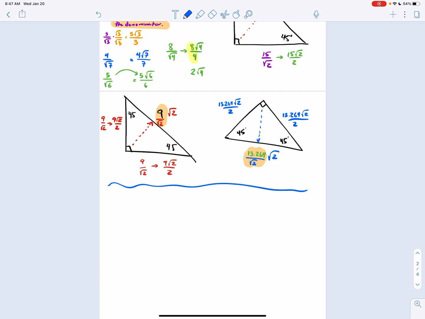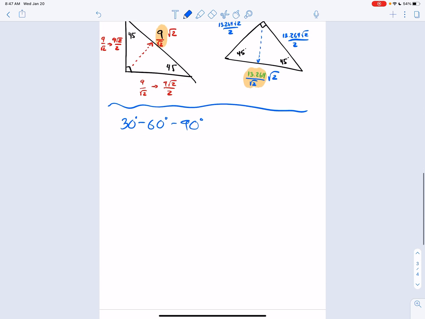So the second type is called a 30, 60, 90 triangle. Okay, so the way to kind of prove that to you guys real quick without having to spend too much time is take a look at this part here. Let's say we had an equilateral triangle, okay?